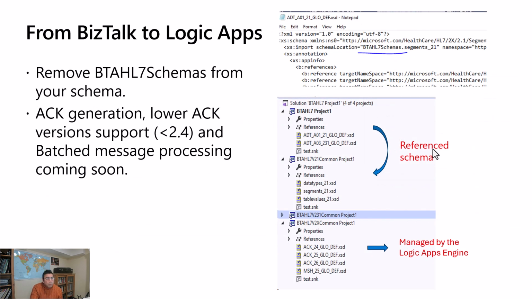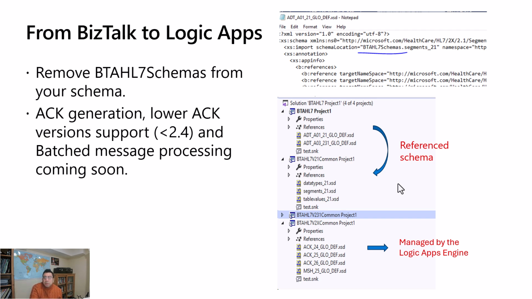Something to call out for BizTalk customers is that for the schemas, there is no need for you to have in schema location the BTH7 schema. You can remove this, or you actually should remove this. That's something that we may do in the future, but it's easier if you just do it in your schemas because you have control on them.